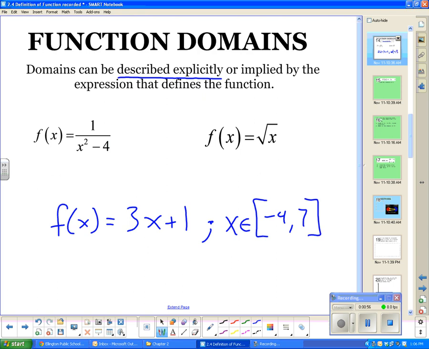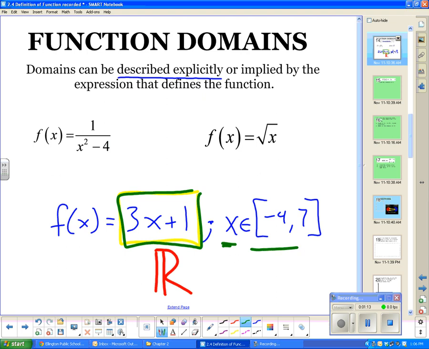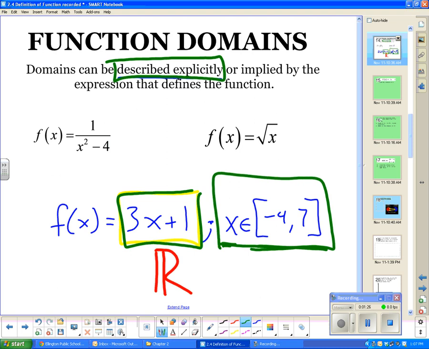In that particular case, what we would be saying is while this is a linear function, which is normally defined for all real numbers, in this particular case, we only want to use this linear function for x's that exist between -4 and +7. So that's what described explicitly means: after the function itself, there is a statement of an interval, of an inequality, or maybe even a verbal statement that says which inputs should be used for that function in that particular case.